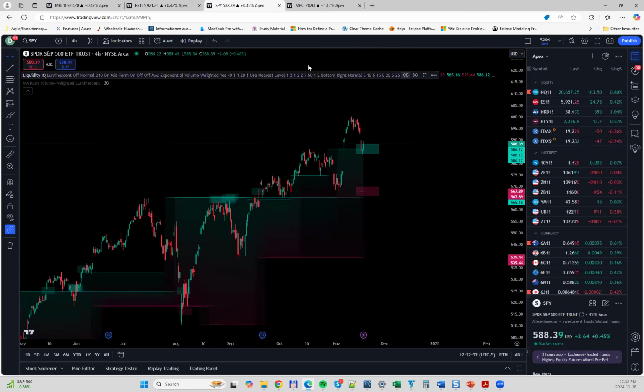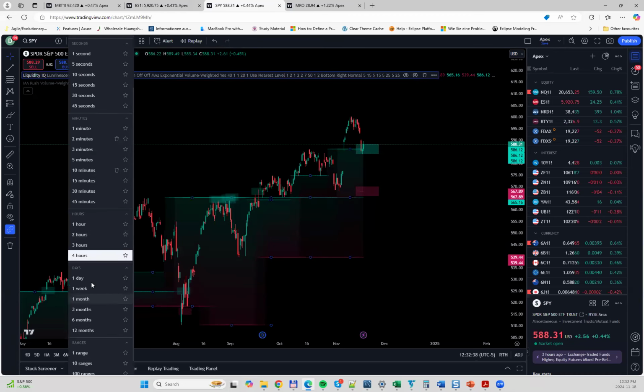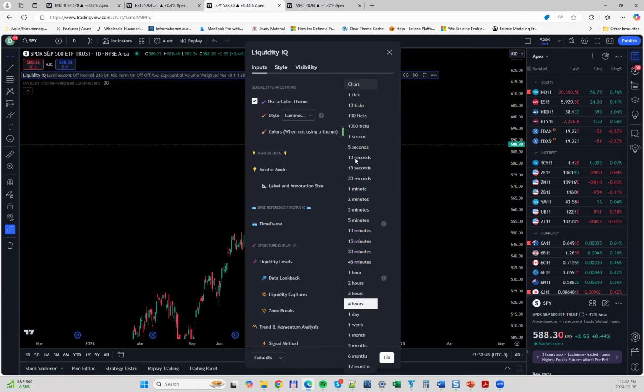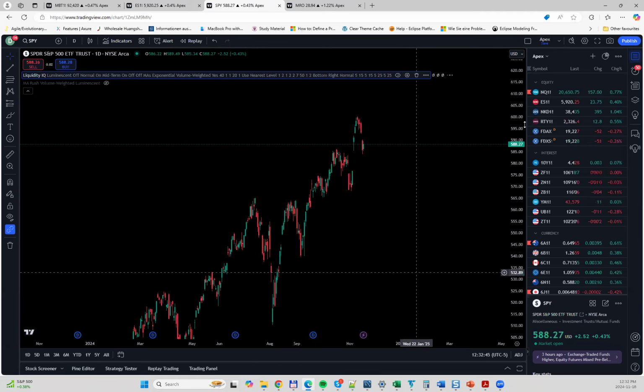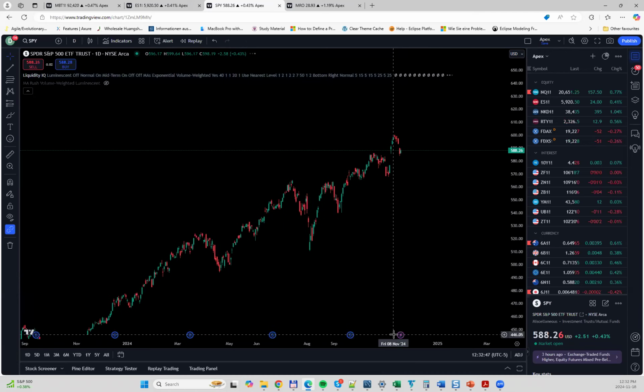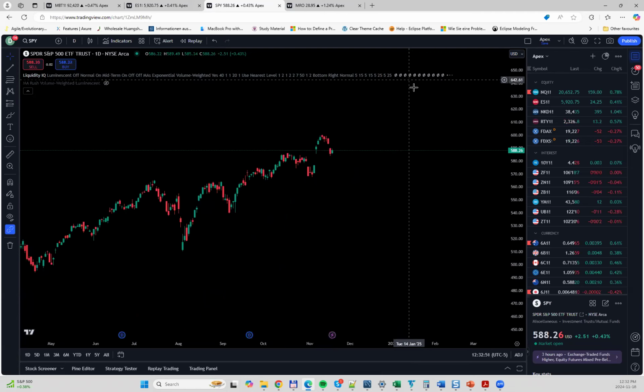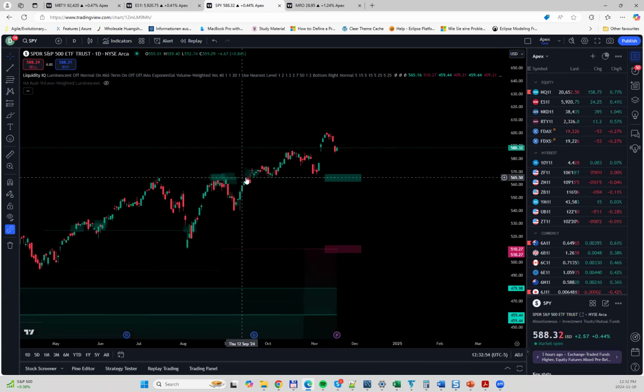And if I were to switch to, let me just quickly see which time frame I have enabled here. If I switch this over to the daily time frame, let's switch our liquidity IQ indicator to the chart time frame, and wait until this calculates here. Okay, yeah, we broke above resistance in September, then retraced almost to the dot to the broken resistance level, now acting as support.